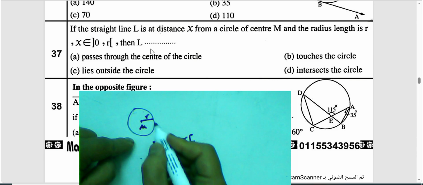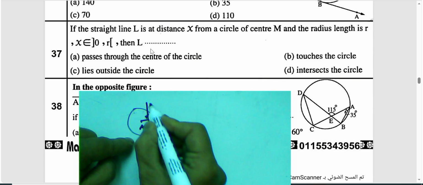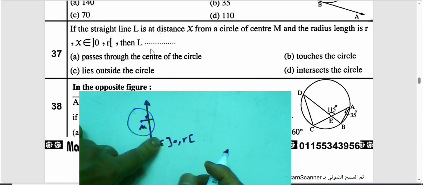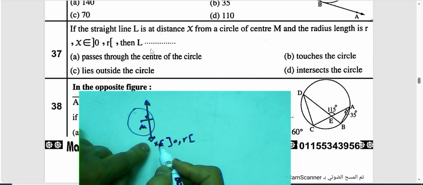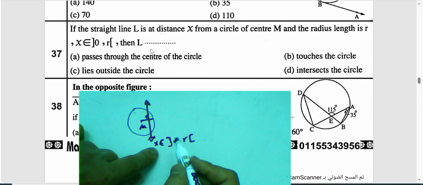Do you know this? It means x may be here or here or here, so the straight line will be a secant of the circle. Why secant? Because the distance between the straight line and the center is x, and x belongs to the open interval, meaning x lies between 0 and the length of the radius.